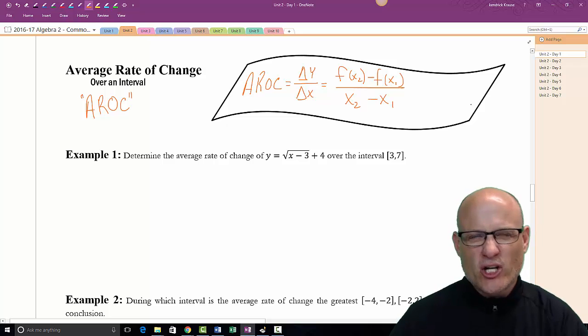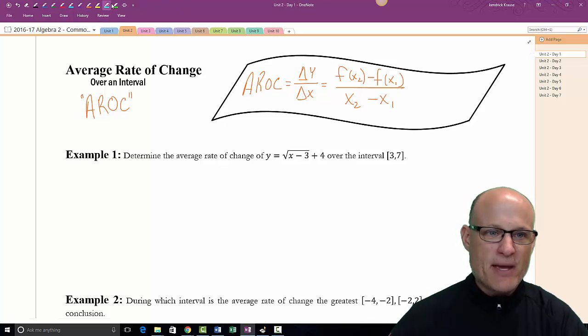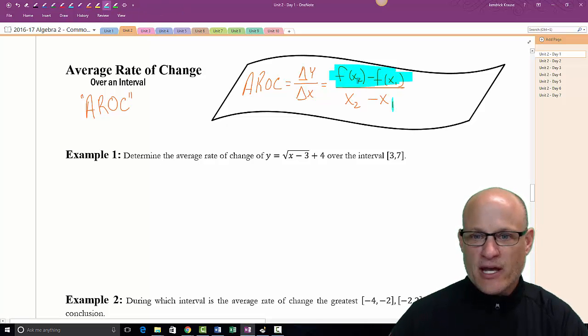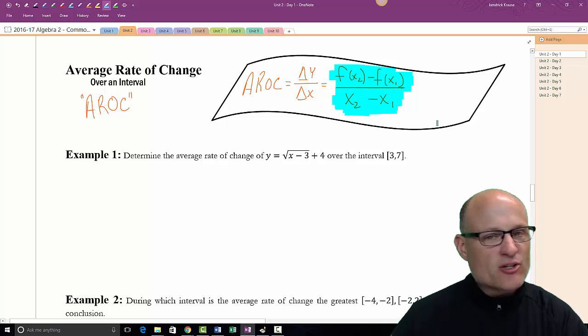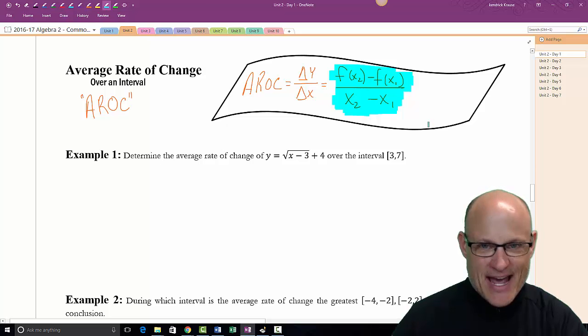It's no longer good enough to use y2 minus y1 over x2 minus x1. This is the formula you really should be using, this functional notation. It makes you seem more grown up, and it's getting you ready for pre-calc, okay? So that's the functional notation we should be using for the average rate of change.